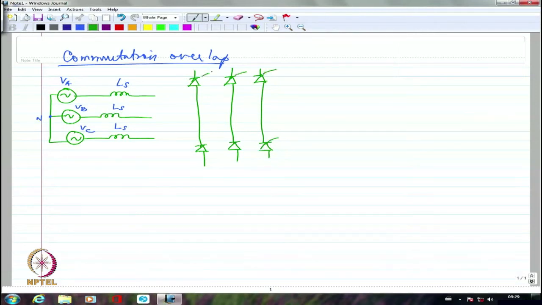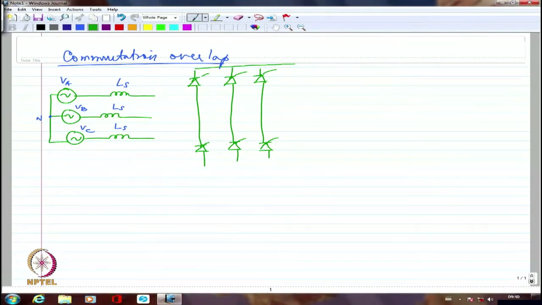And we are going to have a load on this side which has to be at least RL because the current has to be continuous. Let me probably show it as a DC motor drive, it doesn't matter because that is also equivalent to having R, L and E, all three of them in series.